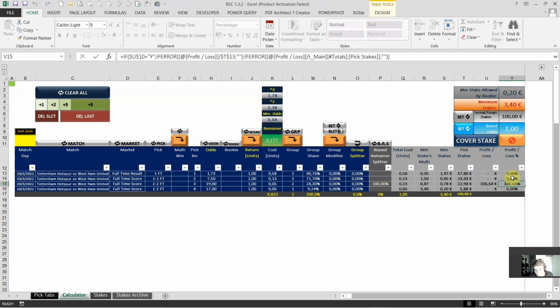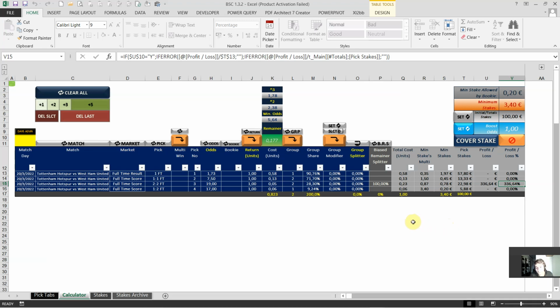We can see 0 for the rest of the 3 selections. It means that we have no profit margin, we just take our stakes back, and in the case where the 2-2 scoreline is the winner, this is the profit margin we are going to have.